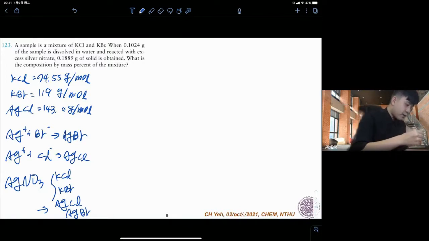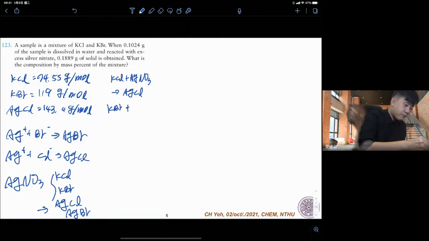Okay, so what we can do is like this. We already know that when you add silver nitrate into this mixture, two reactions happen like this. I will not fully write it down, and you will obtain this, and likewise this.